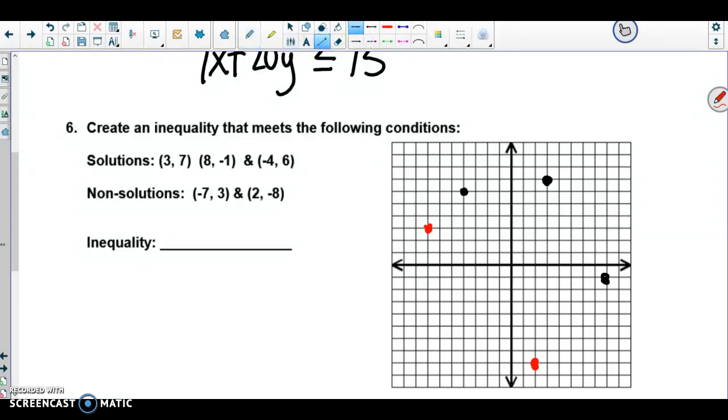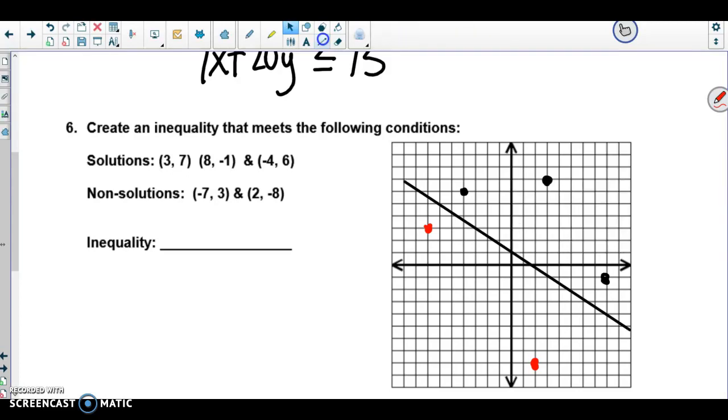Okay, so here's the thing. Basically, I can draw a line here that separates my solutions from the non-solutions. Now, your line may look different than my line, but it could be dotted, it could be solid, it could be a little bit steeper, not quite as steep, as long as it separates the solutions from the other. My y-intercept, if I look here, is 1.